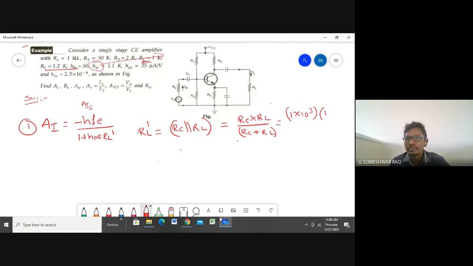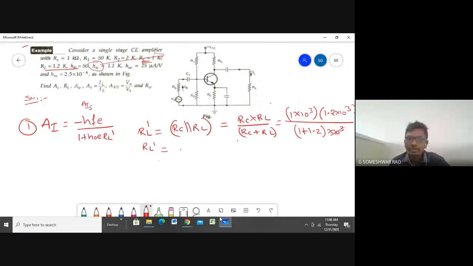So 1.2 into 10 power 3 divided by summation of these two, that is nothing but 1 plus 1.2 kilo ohm, both are kilo ohm, so can cancel. What is RL dash? RL dash is equal to, so this 10 power 3, 10 power 3 will get cancelled. So 1.2 into 10 power 3 divided by 2.2.